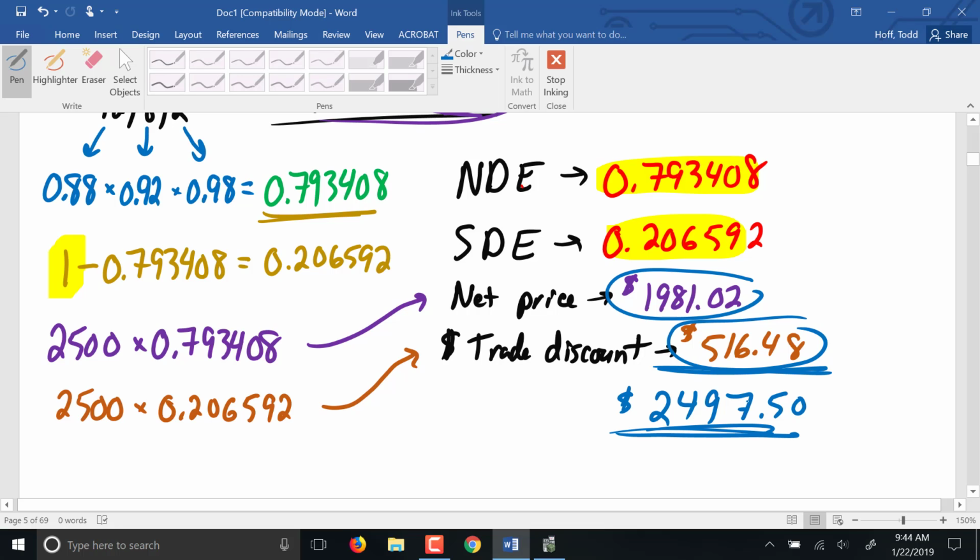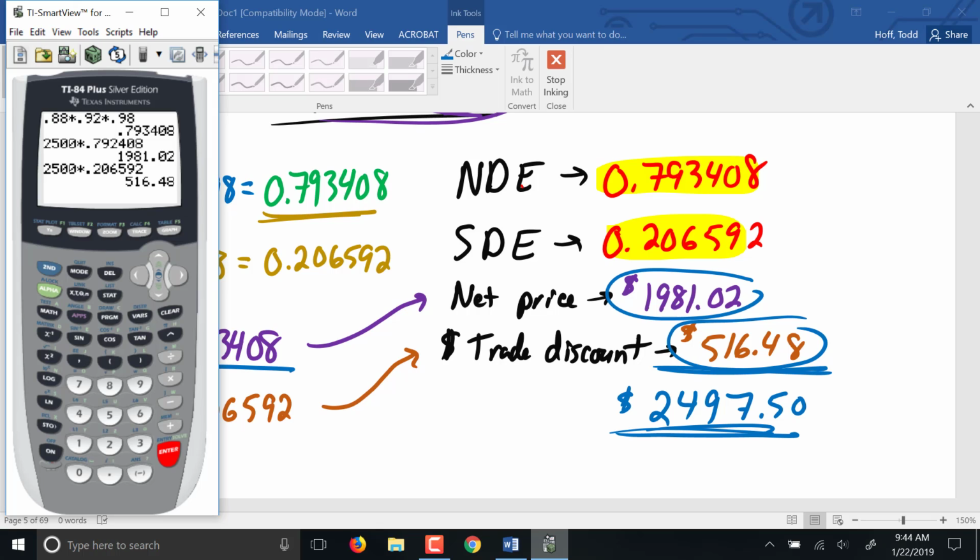Well, if we go back through our calculations, 2,500 times 0.793408. In fact, if I look at my calculator history, I see that I typed in 0.792408. That's incorrect.